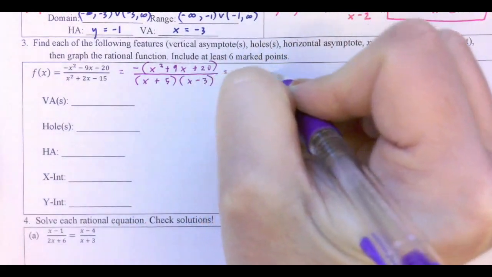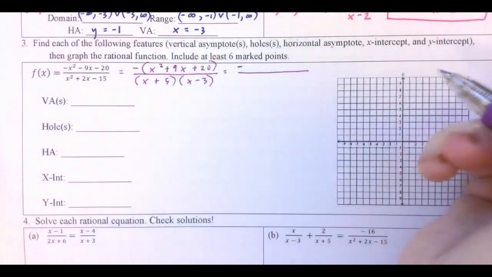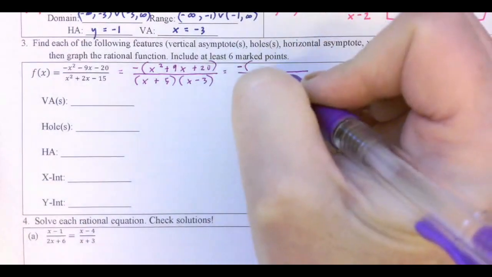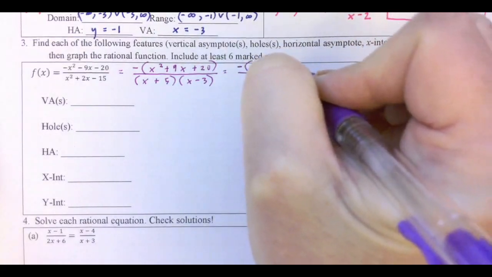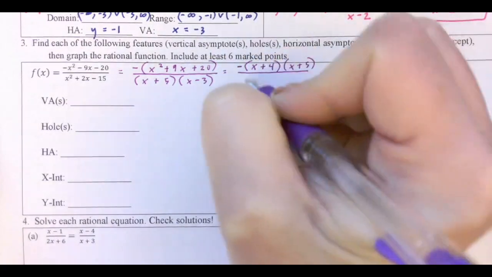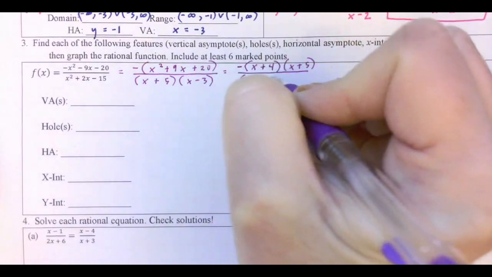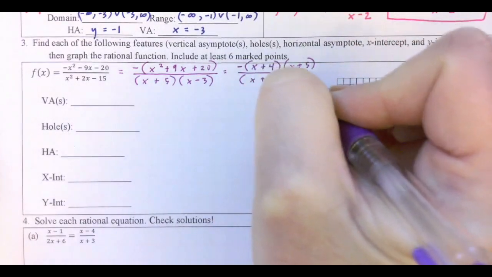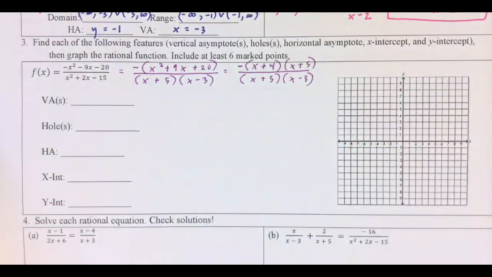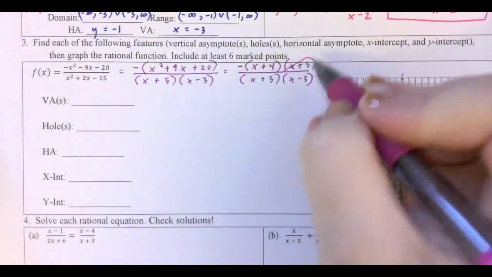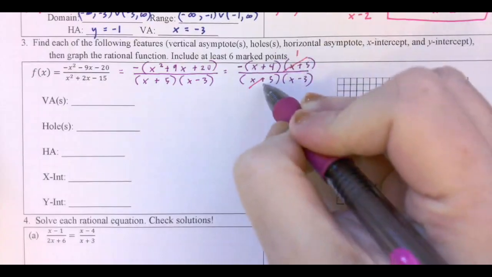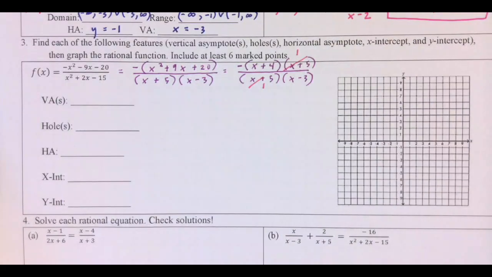Okay, and then one more step on top. So I have a -1, and then parentheses, x plus 4 times x plus 5. And the bottom already factored is x plus 5 times x minus 3. So I can see that I can reduce down x plus 5 and x plus 5 because anything over itself is really just 1.